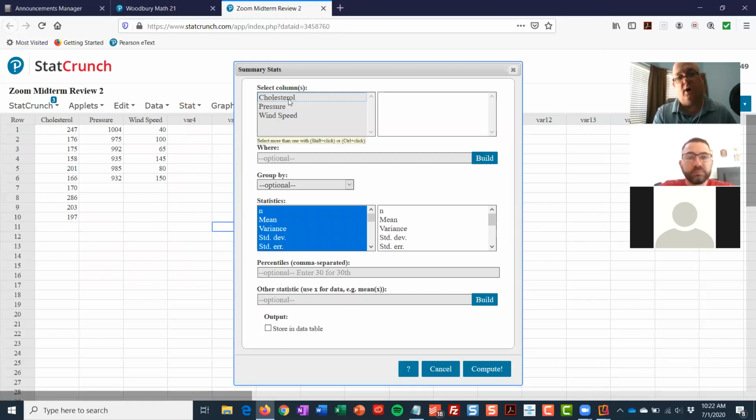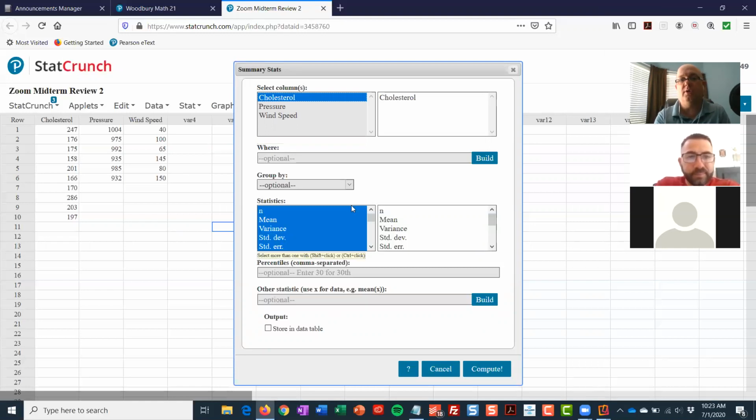Now, oftentimes these will say var1, var2, var3, but I had titled it cholesterol because I had two sets on the same one and I wanted to keep them straight. But if you're only doing one problem at a time, you don't need to name them. It's not important. I do think, though, for chapter 4, it's better to name them because then when your equation comes up, you'll have it just exactly right.